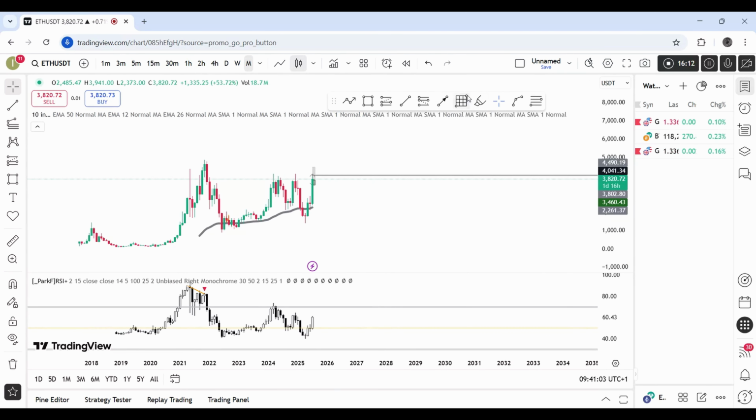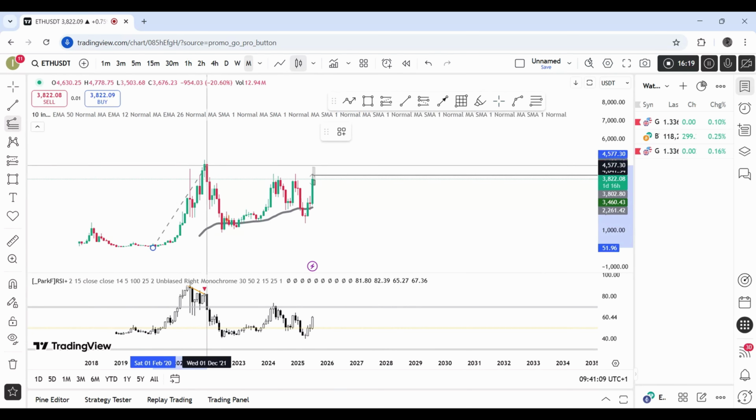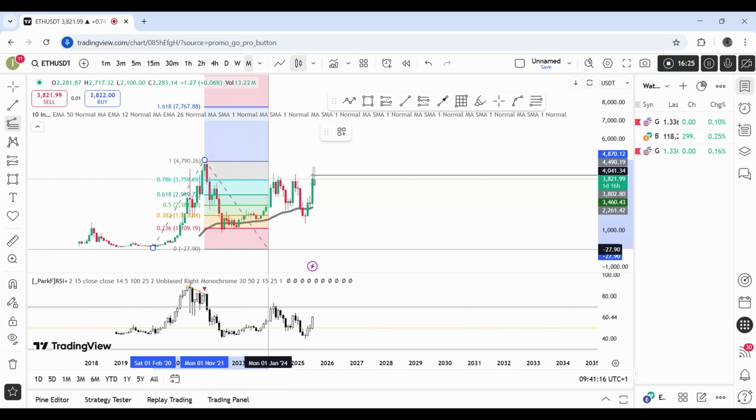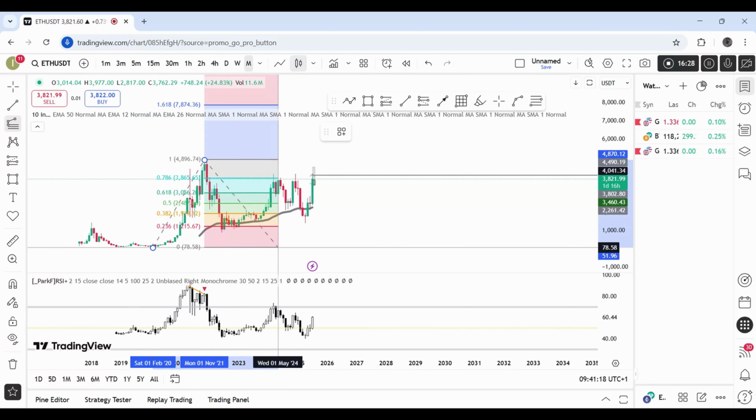That's my analysis on Ethereum. I'm expecting it to reach 70k, but let's just see where it goes. We'll be taking profits from time to time as it's getting to that level of 70k.